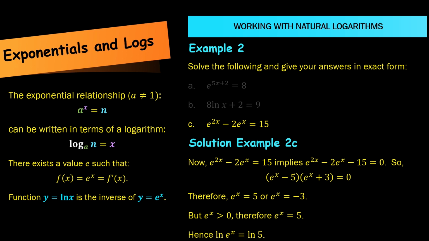And hence, taking the natural log of both sides gives us ln of e to the power x equals ln of 5. And so, x is equal to ln of 5.